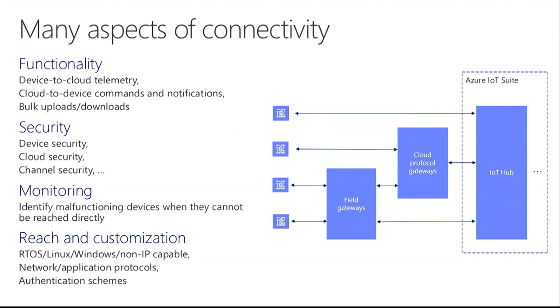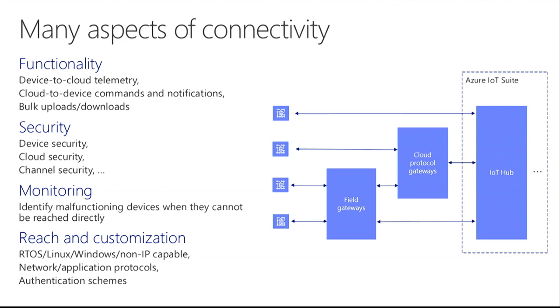Finally, and not less important than anything else, are reach and customization. Azure IoT Suite has as a goal to be able to connect to all possible devices, be they very small, low power embedded devices running real-time OSs, or Linux devices, Windows devices, and so on. Also, we want to enable the use of any protocol that you might be using.